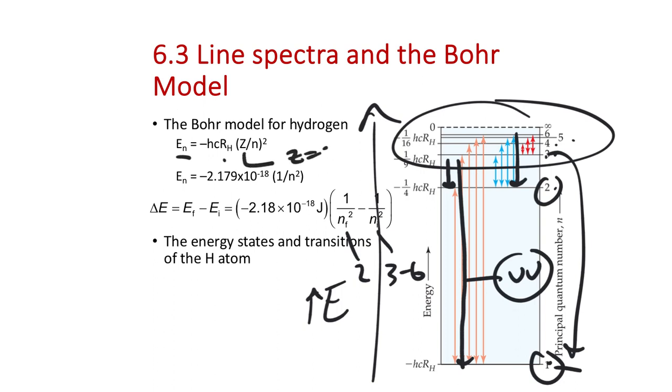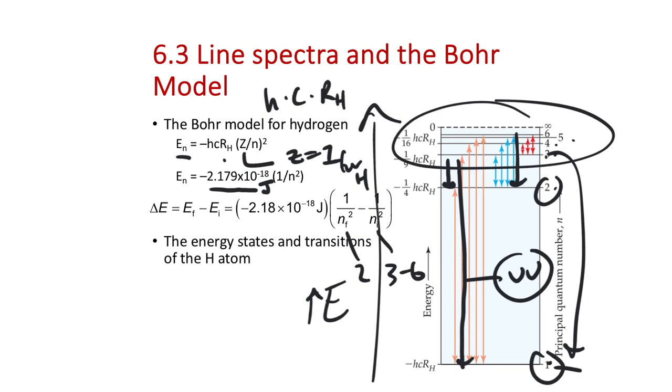So Z is equal to 1 for H. And so the combination of h times c times the Rydberg constant leads to this number here, 2.179 times 10 to the minus 18, and the units end up being joules. So the energy of the hydrogen atom is 2.179 times 10 to the minus 18 joules, times 1 divided by the n value squared for the atom.